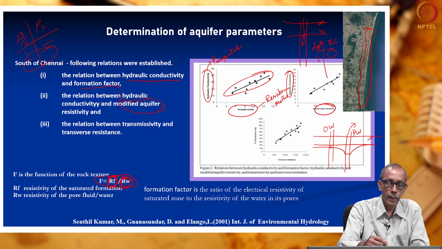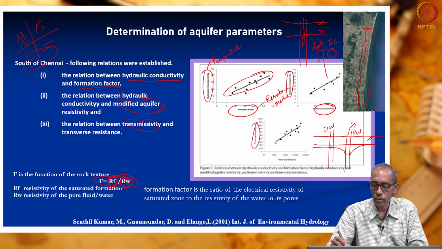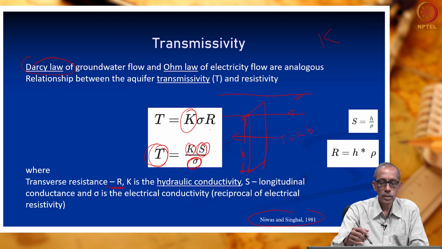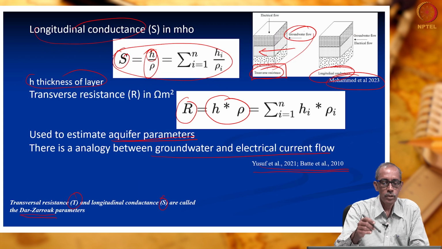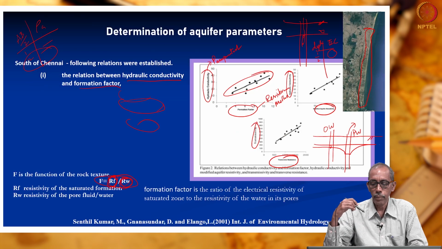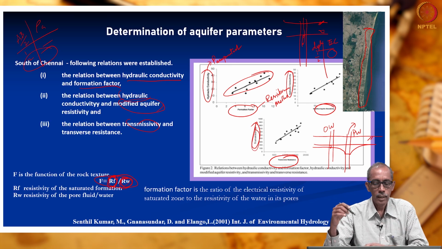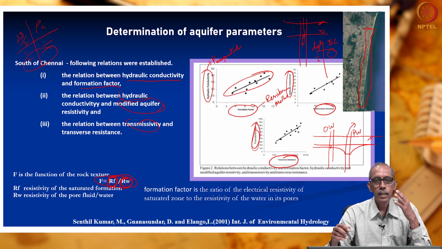Then we compared the field derived transmissivity with the transverse resistance. How did we obtain transverse resistance? Using this relationship, we obtained transverse resistance that was compared with the field measured transmissivity. So, as you can see here, there is a reasonable comparison, there is a linear relation.